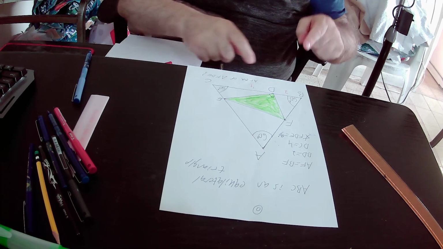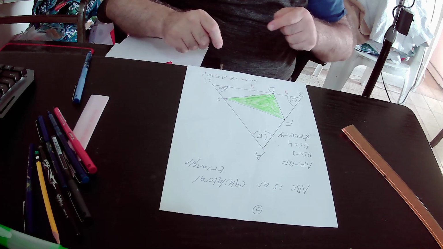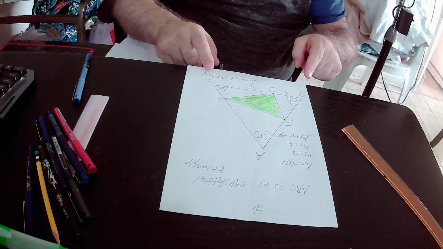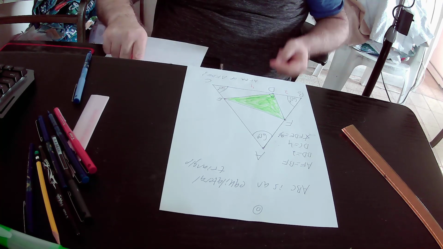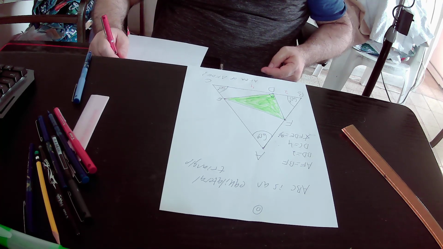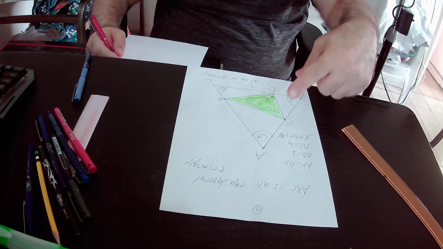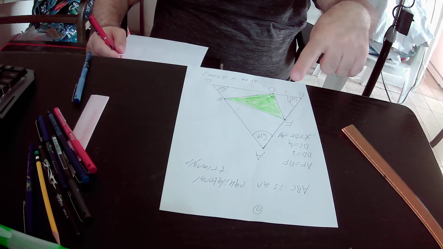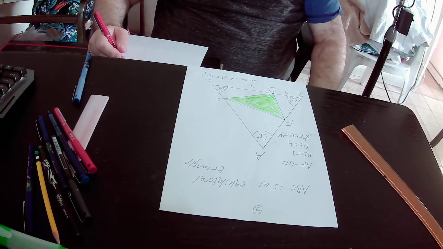So BC is 2 plus 4, that is to say the size of BC is 6 units. So actually all the sides of the equilateral triangle ABC equal 6 units.